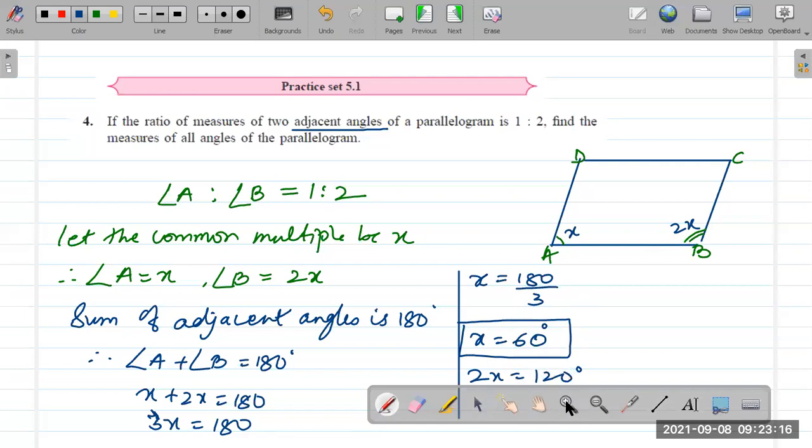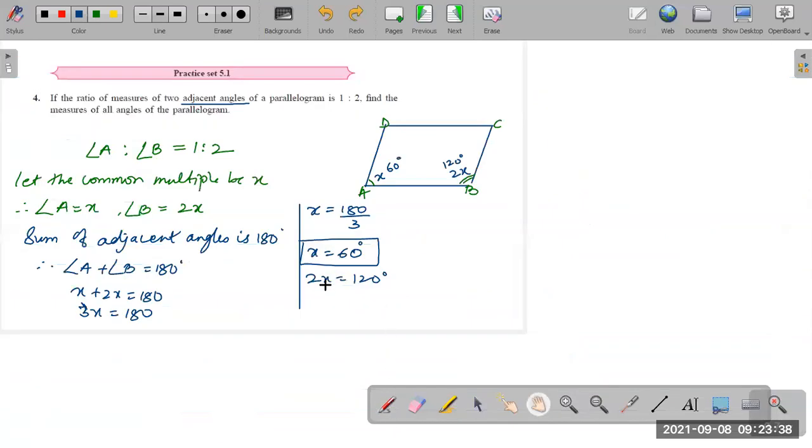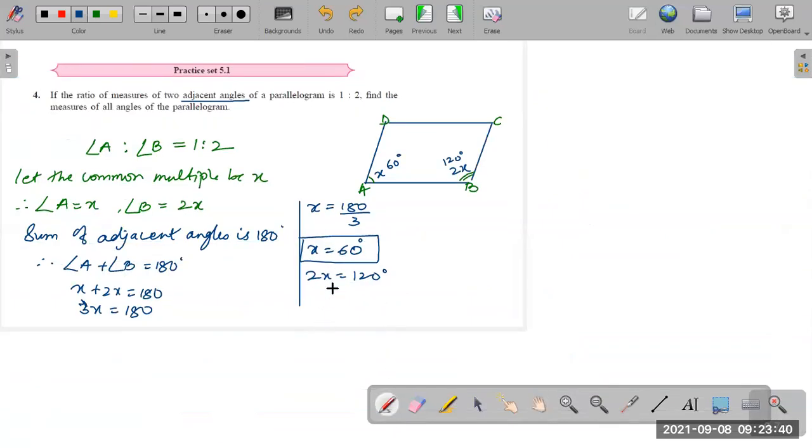And now the last part, we have to write all the angles, okay? So we have this angle to be 60 degrees. This angle is 120 degrees. We know that the opposite angles are equal. So that gives us the remaining angles also. Okay, students, see how simple these questions are. You're given some relationship and you're asked to find all the sides or all the angles.